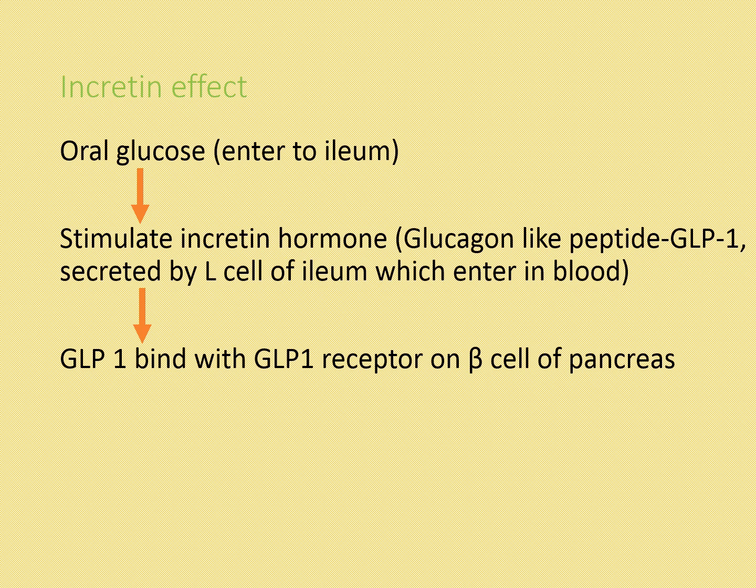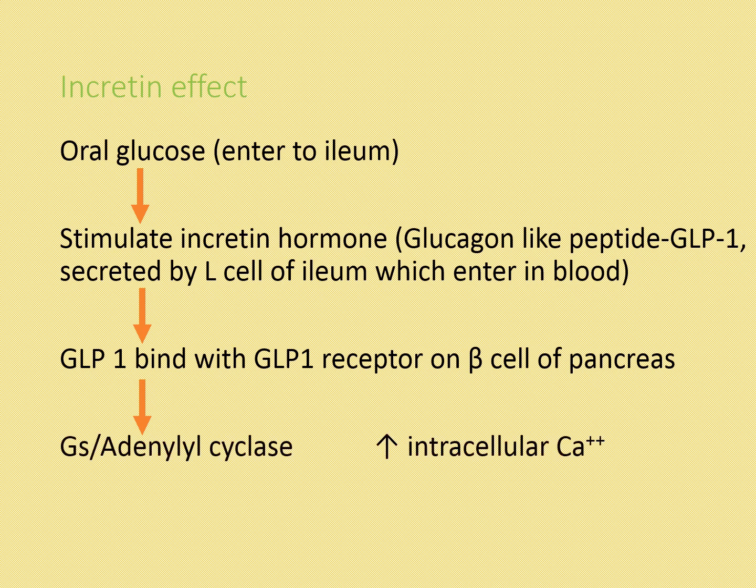So there is an activation of the receptor, and it stimulates or activates G protein. So it has a G protein stimulatory action. It activates adenyl cyclase, cyclic AMP, so second messenger system, and as a result there is an increase in the intracellular calcium in the beta cell of the pancreas, which helps in increased secretion of insulin.